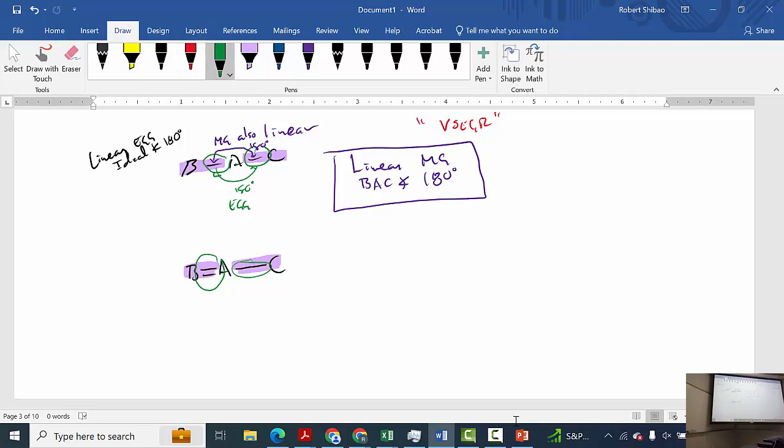Linear. We expect no distortions here, because even though the double bond is going to take up more space, it's a bigger balloon, will it change the angle? No. And so we end up with the same here.